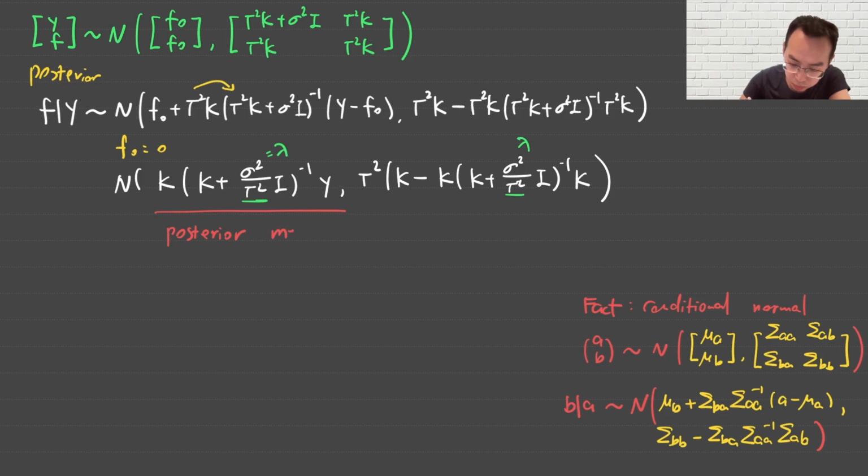It's the same as the KRR formula. But not only do we have the mean, we also have the variance for the curve fitting, right? It means that we are not fitting just one curve, but a distribution of curves. We have the uncertainties of the curves. That's really the power of this Bayesian interpretation.